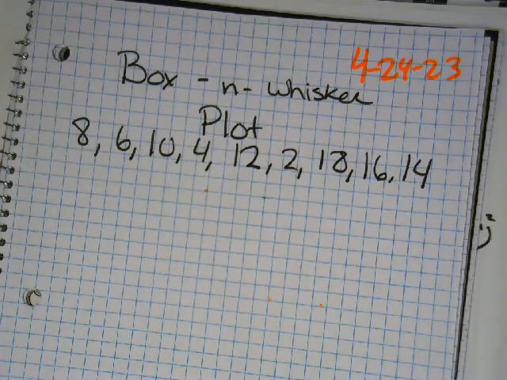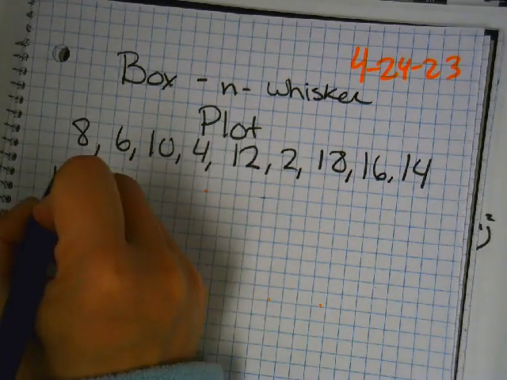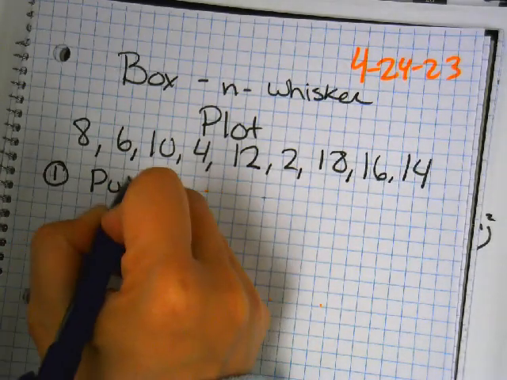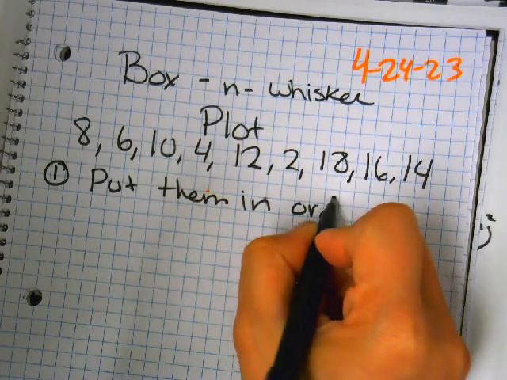All right, so we're going to create a box and whisker plot. Then you'll learn how to read a box and whisker plot. Step number one is put them in order.